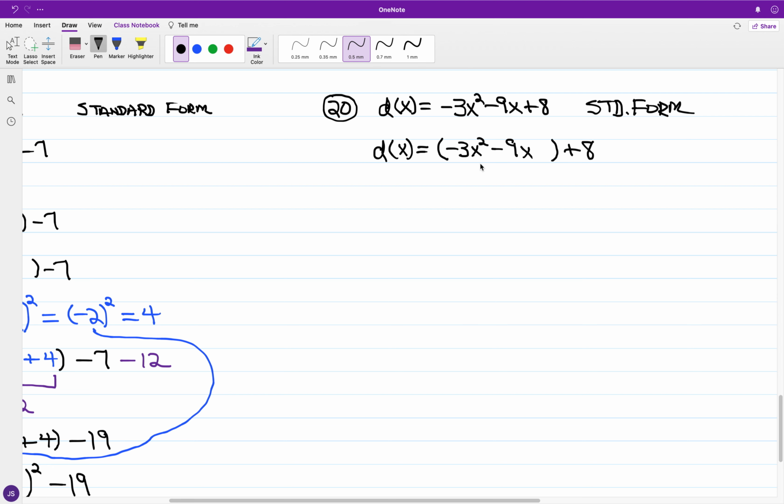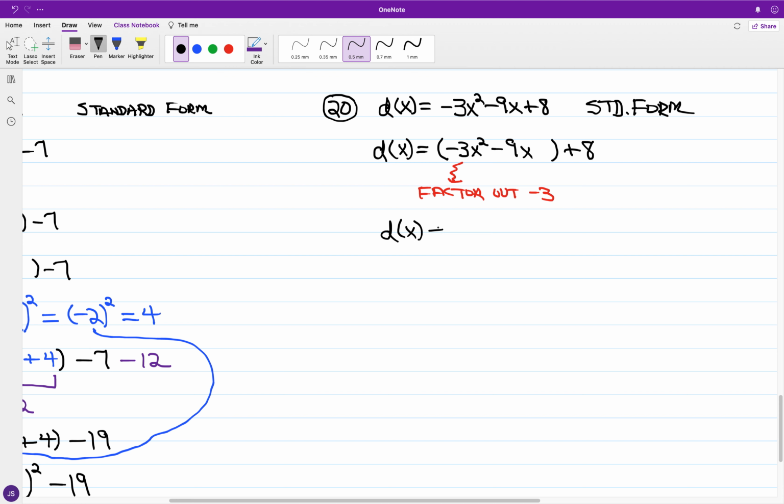And for what we have inside the parentheses, we don't have x squared as the first term. Instead, we have minus 3x squared. So at the front, I'm going to factor out negative 3. And that is so as to ensure that the first term in the parentheses will be x squared.